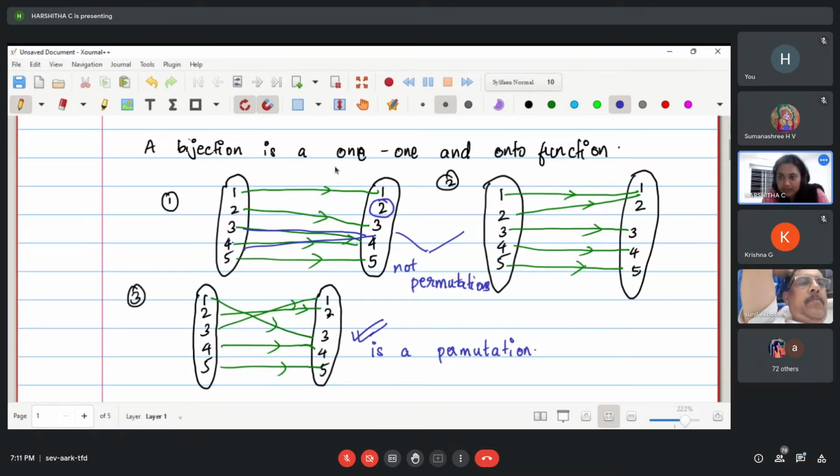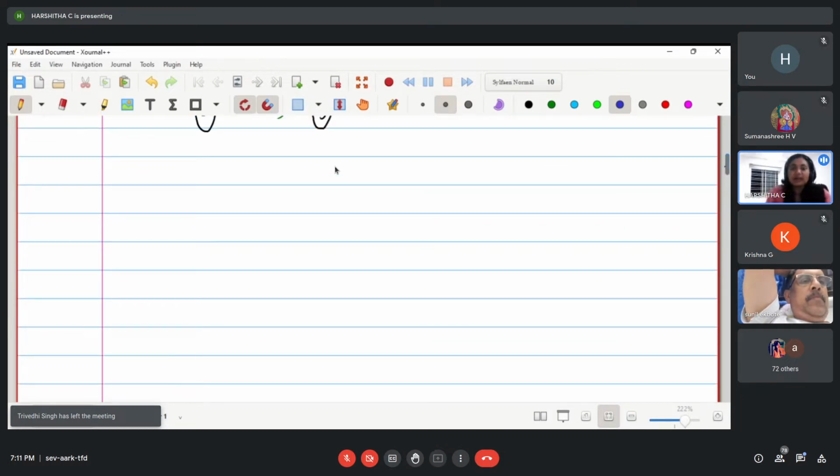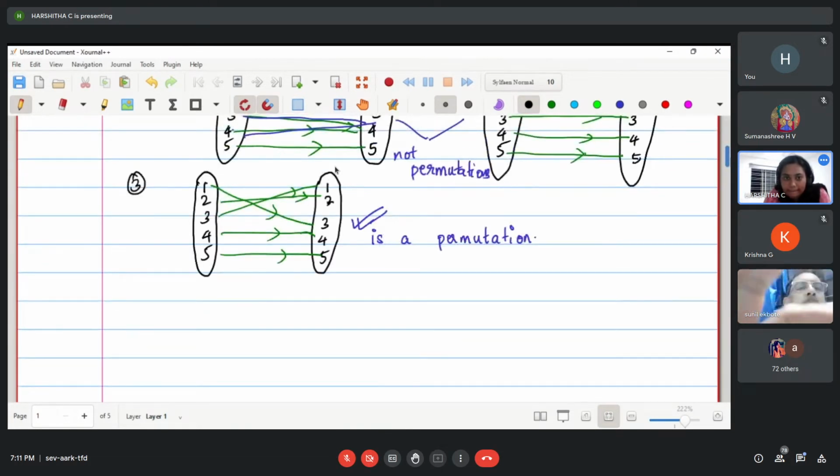Okay. So with this, we'll look at how do you represent permutations. Right? So let's take the third permutation that we had. So usually this is how we represent it. Okay, let's first write it in the function form.